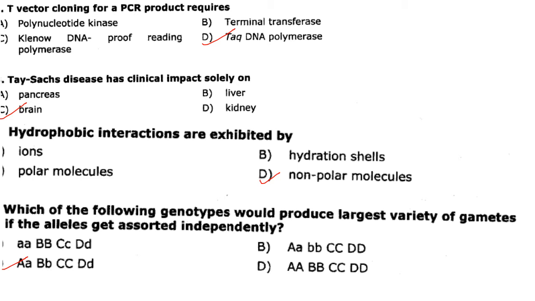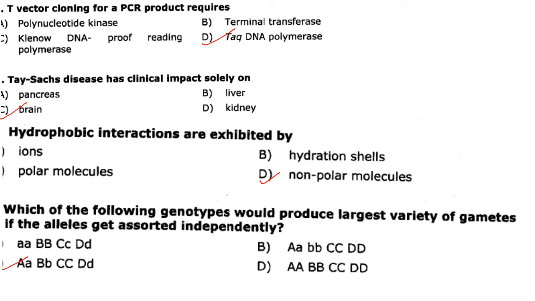Answer is option C. Hydrophobic interactions are exhibited by non-polar molecules. So answer is option D. Which of the following genotypes would produce largest variety of gametes if the alleles get assorted independently? So the one which has more heterozygous loci will produce the largest variety of gametes.